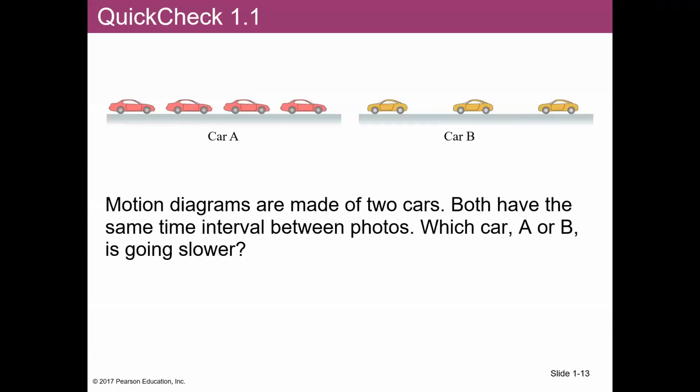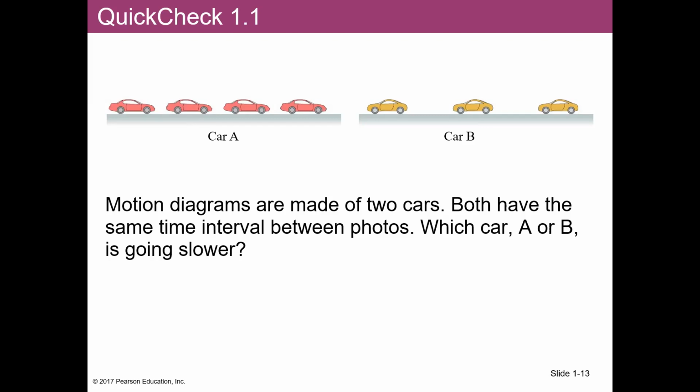So we did this quick check question about which of these motion diagrams shows the car going slower. That begs the question, what is the motion diagram? Each subsequent image of the same car is its position at equal time intervals later.